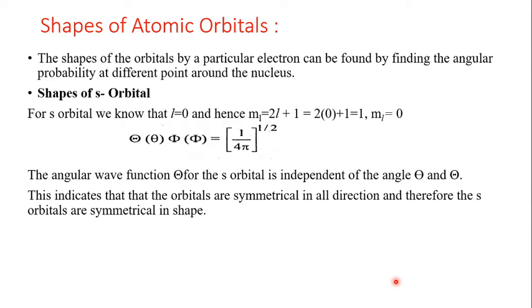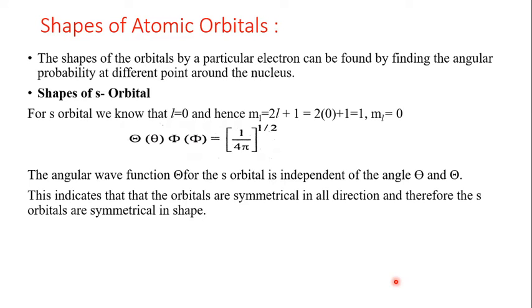As I told you in the lecture, I think 6th or 7th, you have to see table number 1.3 from the Manali publication book. In that table, for s orbital, it is given that Theta of theta and Phi of phi is equal to 1 upon 4 pi raised to 1 by 2.